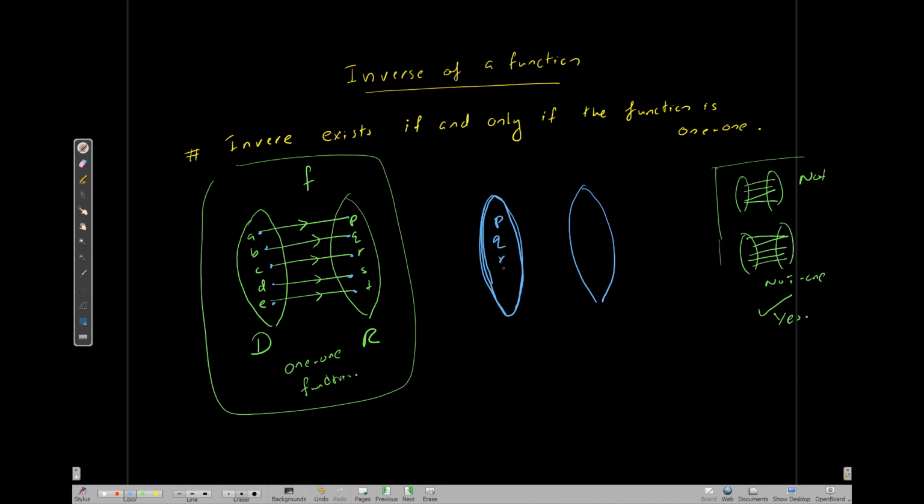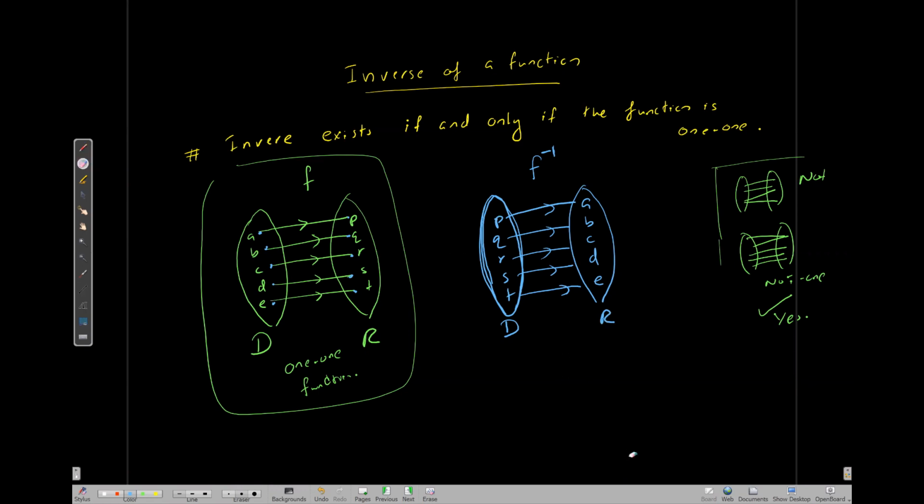P, Q, R, S, T and A, B, C, D, E. So is there a function taking back P to A, Q to B, R to C, S to D and T to E? Yes, such a function exists, and we call it f inverse, and the notation is this. Now the domain is this, the range is this.